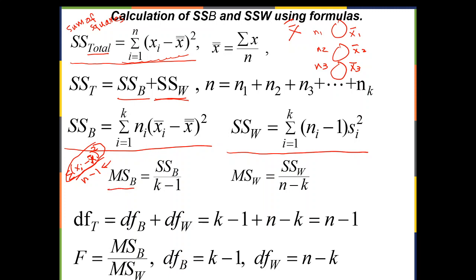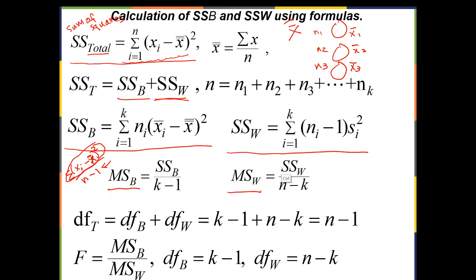So MSB is the mean square, and the mean square is basically the variance for the variation with respect to the group means. We divide that sum by k minus 1, which is the number of groups minus 1. And this one is the variance with respect to the grand mean, which we call MS within, and this is MS between.